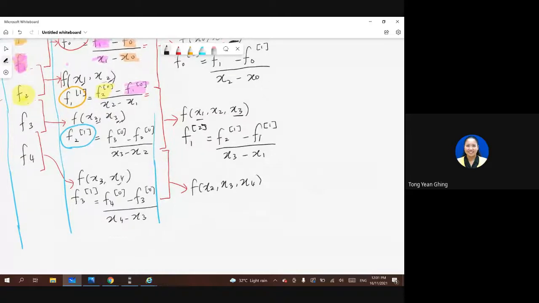So kita akan ambil value. Kita punya F2 is equal to F3 first divided difference minus F2 divide by x4 minus x2.